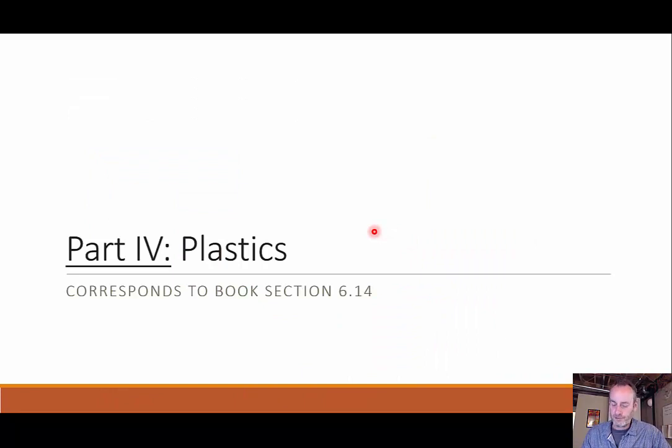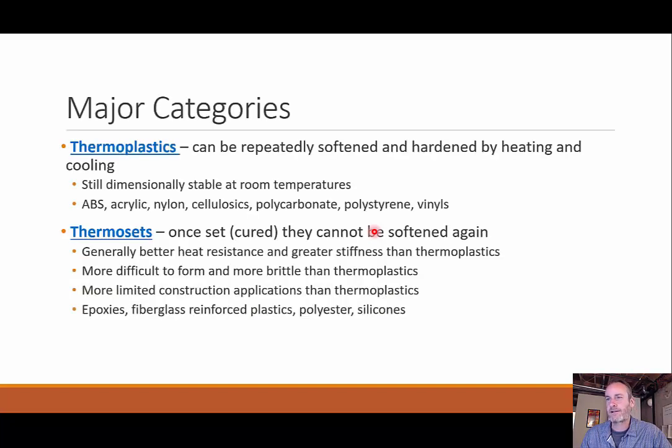Let's move over to plastics and how we use plastics in the construction industry. There's really two major categories of plastics we're going to talk about. One is thermoplastics, the other is thermosets. With thermoplastics, the way those work is they can be heated and softened or cooled and hardened multiple times, and they will still retain their main characteristics, right?